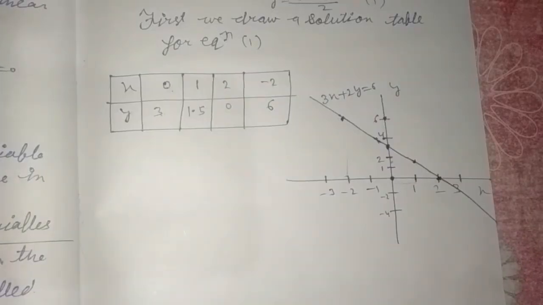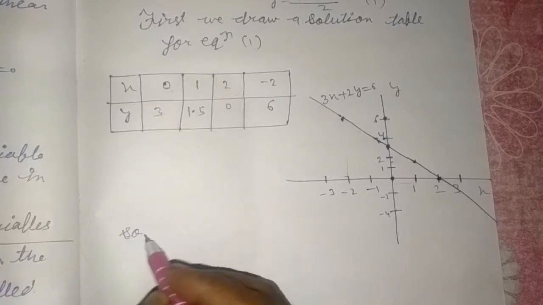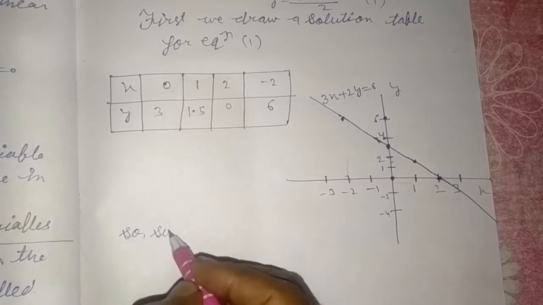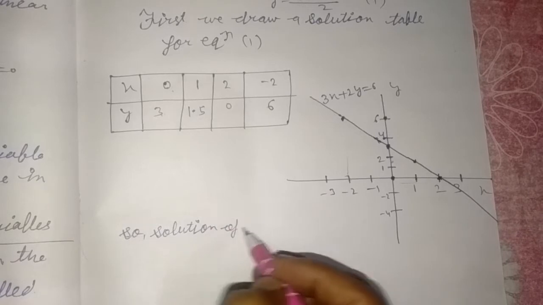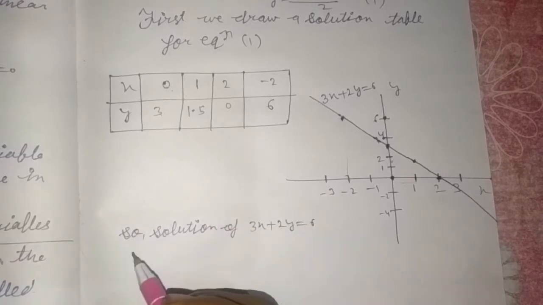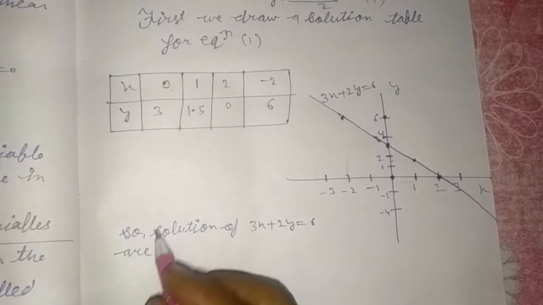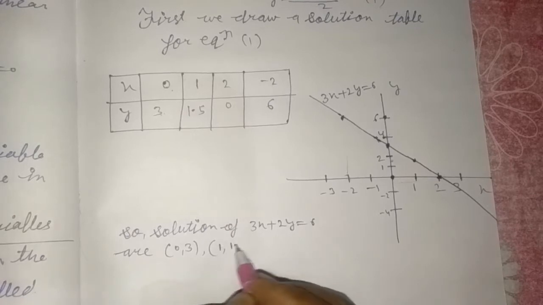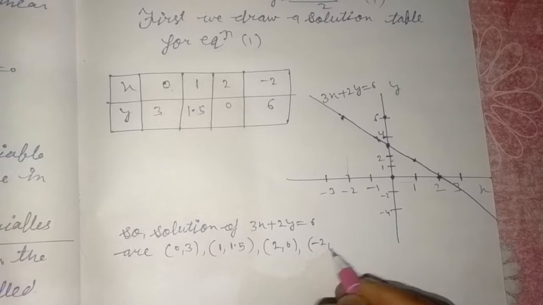Now we can write the next line. Solutions of 3x plus 2y equals 6 are (0, 3), (1, 1.5), (2, 0), (minus 2, 6).